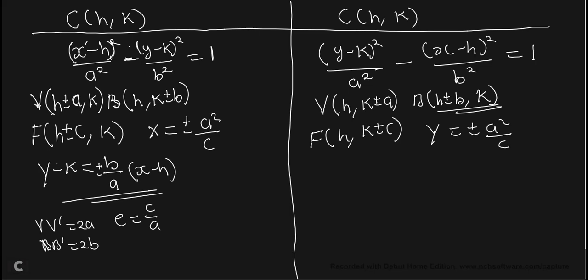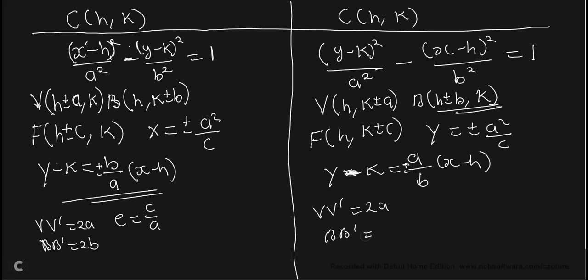Then your asymptote equation will be y minus k equals a over b times x minus h, right? The eccentricity in this part is c over a.